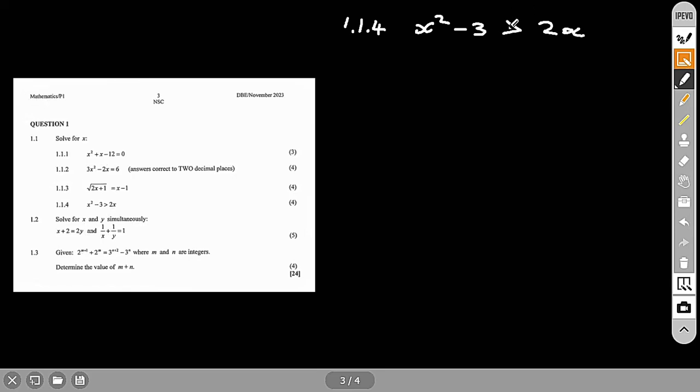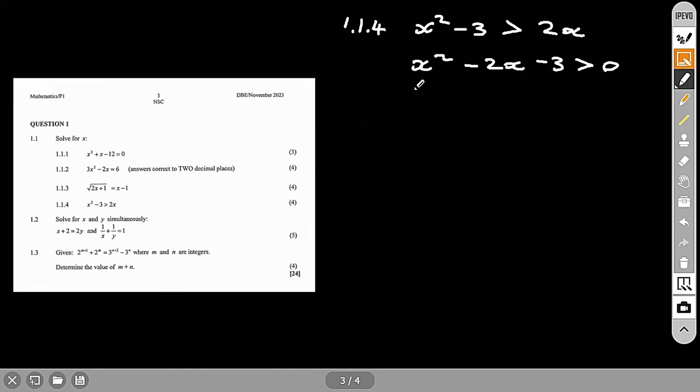The sign only changes if you divide, but in this case the sign won't change. You just have to put this in the standard order. So let's start. This thing is x squared, transpose this negative 2x, minus 3 is greater than 0.